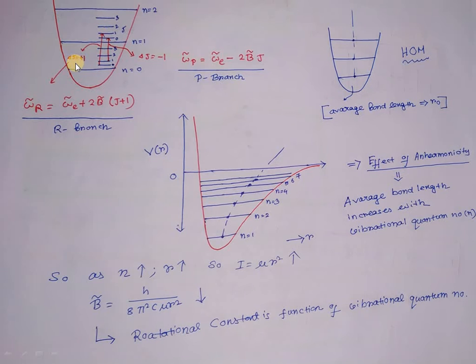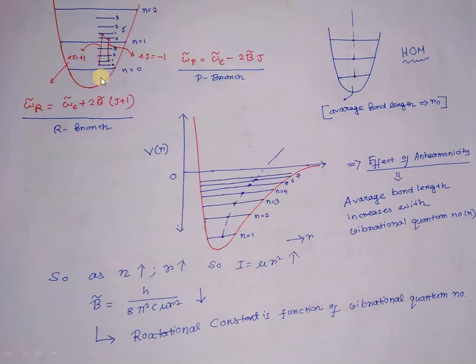So the change of delta J is plus 1, and the wave number of the corresponding transition is expressed as omega R bar equal to omega e bar plus 2B into (J plus 1). This is the wave number associated with the R branch. How this wave number came for this type of R branch, I have already discussed in my previous lecture. You can go back to that lecture to understand why this equation came.